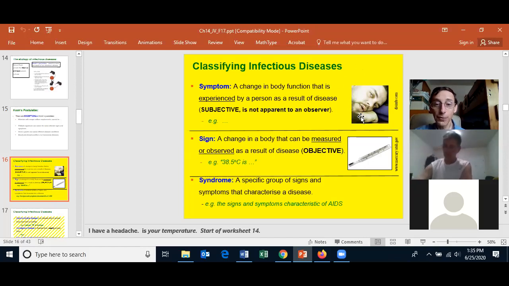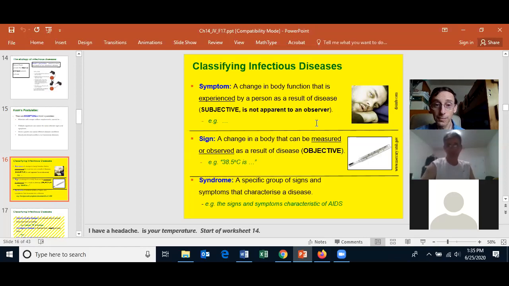Nobody else can measure it. Does that make sense? I'll give you an example. When somebody has a headache, only that patient knows that they have a headache. There's no way to measure a headache. Okay? Nobody else can experience, nobody else can measure it.